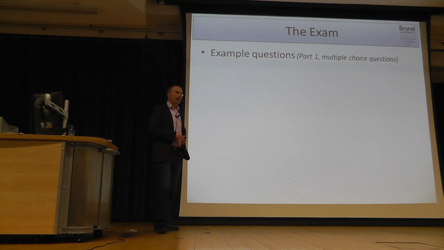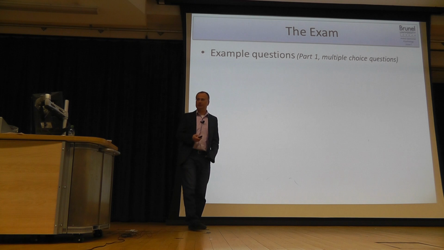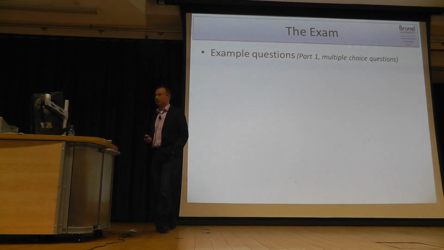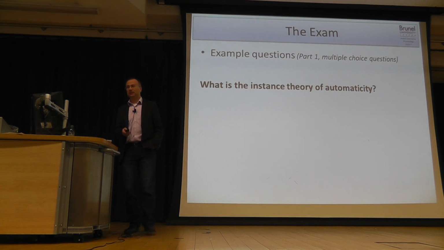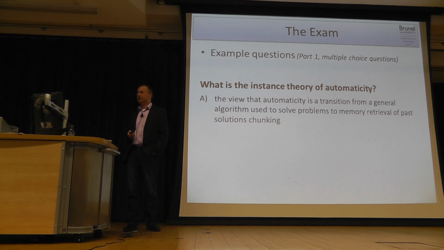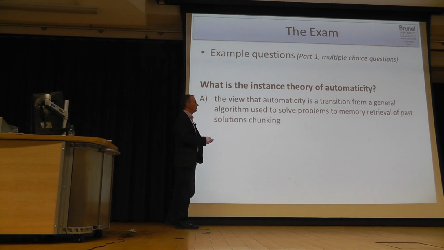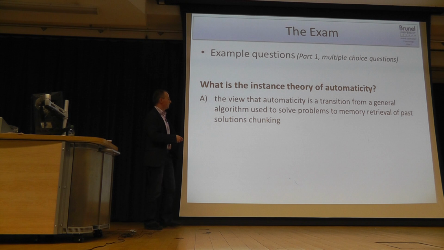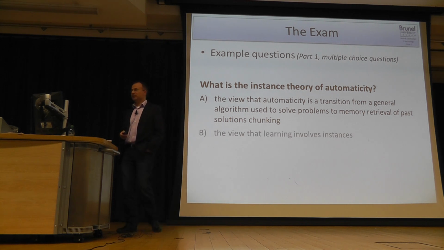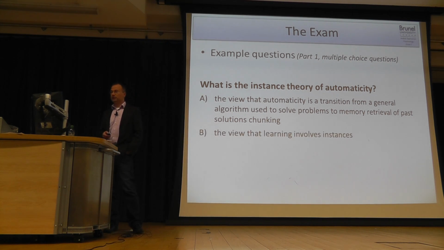Okay, so have a look at a few example questions for the multiple choice part. It may be something like this. What is the instance theory of automaticity? A, the view that automaticity is a transition from a general algorithm used to solve problems to memory retrieval of past solutions. B, the view that learning involves instances.